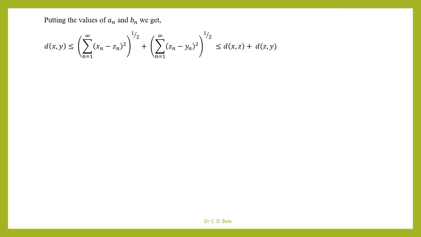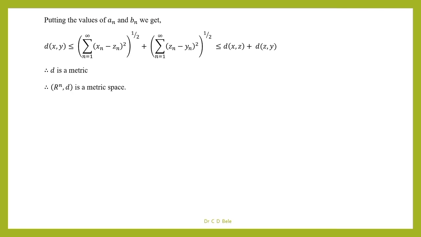Now by back substitution, putting the values of an and bn, we get this, but this is nothing but d(x,z) and this is d(z,y), and therefore d satisfies this property: d(x,y) is less than or equal to d(x,z) plus d(z,y), and therefore it satisfies the triangle inequality. Therefore d satisfies all four properties, that is coincidence, symmetry, triangle inequality and non-negativity.